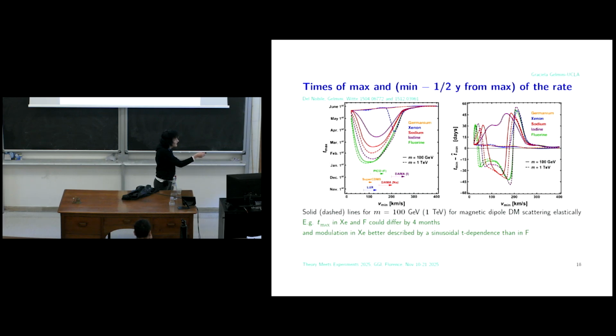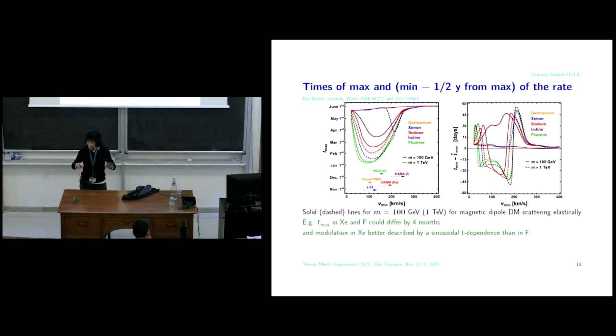It will change with your target, and even the shape of the modulation. For example, in xenon, the modulation is better described by sinusoidal time dependence, cosine or whatever sine, and fluorine is not so much; it's much more deformed because of the interplay, okay?